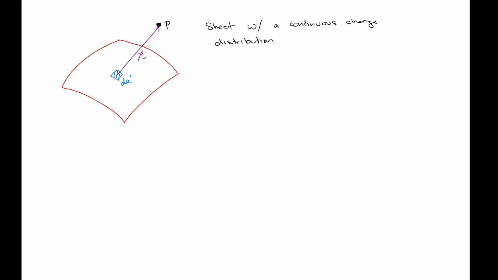That's fine. And this is, of course, useful for charge sheets, maybe disks. Hollow 3D objects really are just sheets of charge that are bent into some shape. So let's say we know something about the charge per unit area.